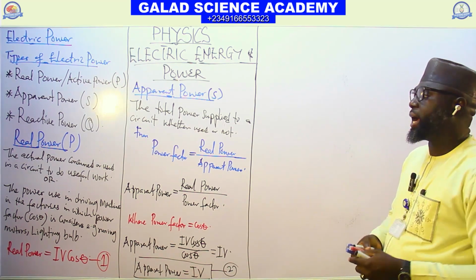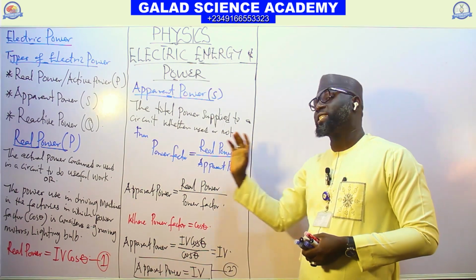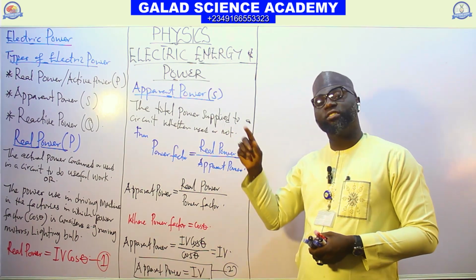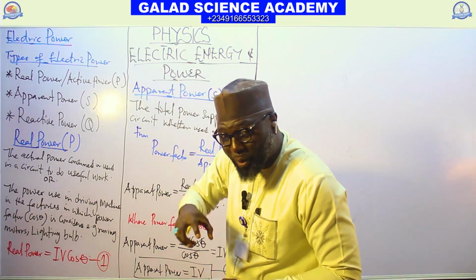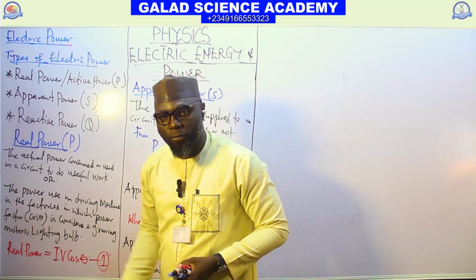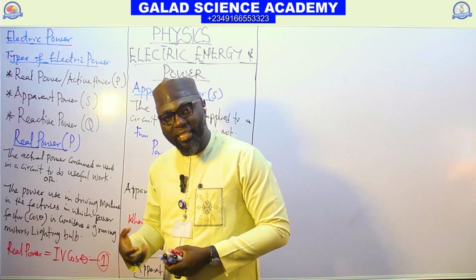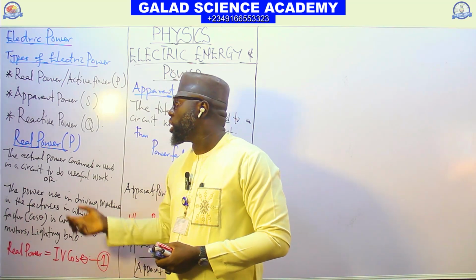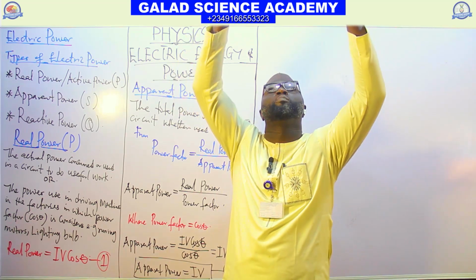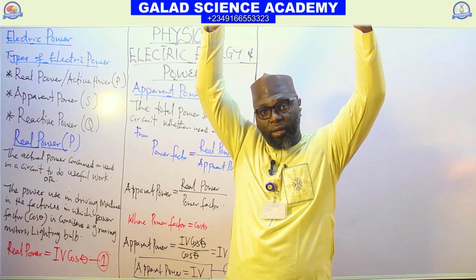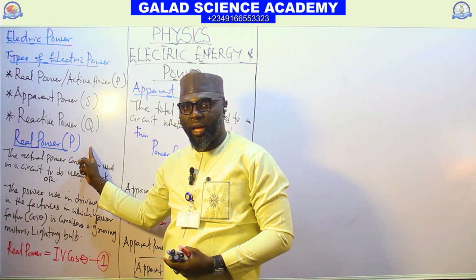The total power that is supplied to an electric circuit is called apparent power. The actual power that is useful or consumed by the circuit is called real power. The power consumed by this electric bulb is called real power.